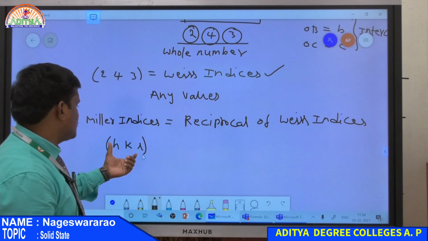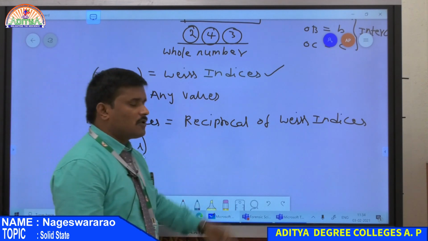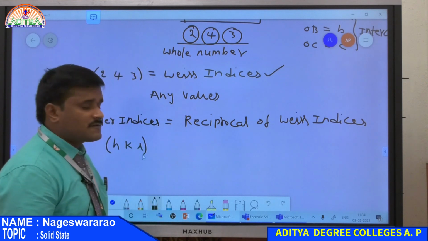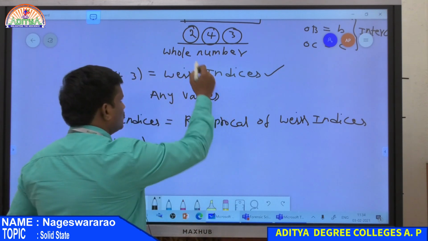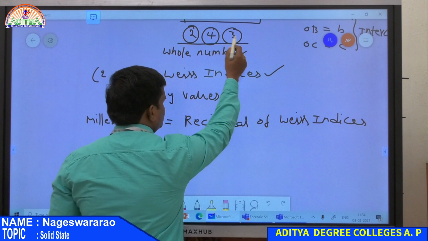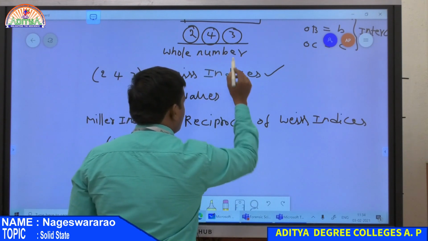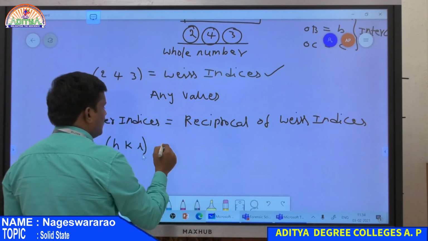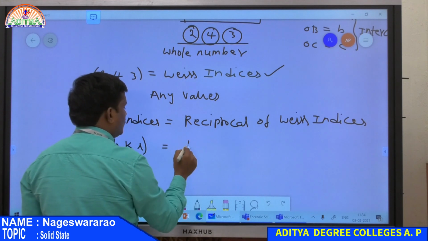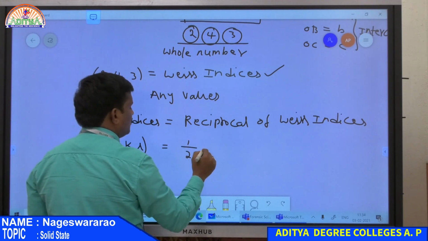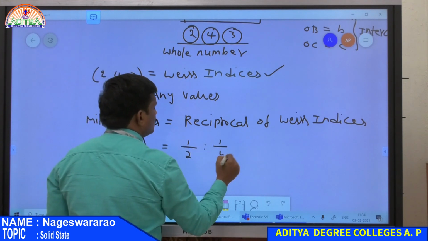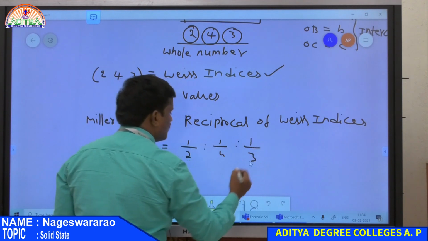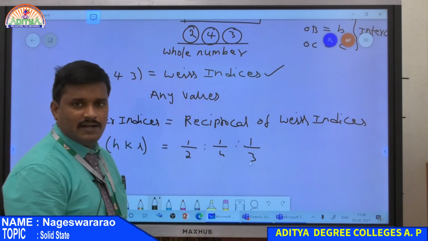If a crystal has 2a : 4b : 3c, then 2, 4, 3 are Weiss indices, and Miller indices are the reciprocals, that is 1 by 2 : 1 by 4 : 1 by 3.